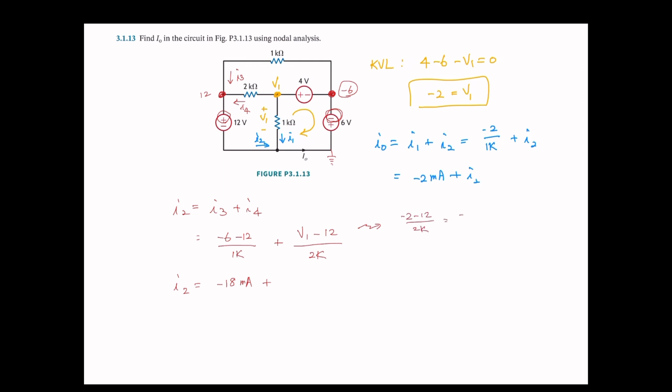That is negative 14 over 2K. That is negative 7 over K. It is a negative 7 milliamp. That is a negative 25 milliamp. Therefore, I sub 0 is negative 2 milliamp minus 25 milliamp. That is negative 27 milliamp.